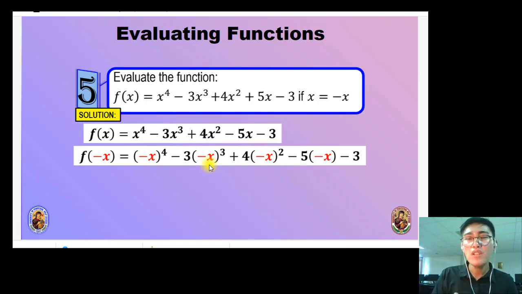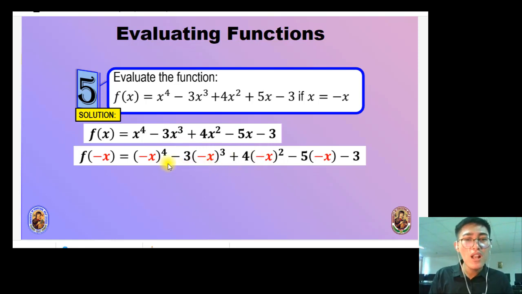But if the exponent is an odd number, let's say 1, 3, 5, 7, 9, etc. Basta hindi divisible by 2, ang kanyang sign sa loob ay as is. For example, if it's negative 1 raised to the 3rd power, that is equal to negative 1 times negative 1 times negative 1, you will not get a positive number there, but you will get negative 1. Okay, take note of that.